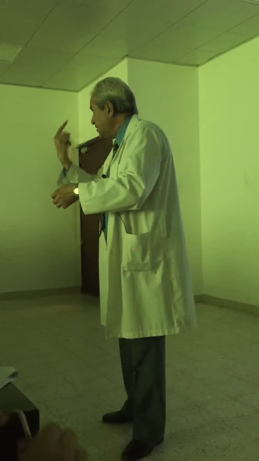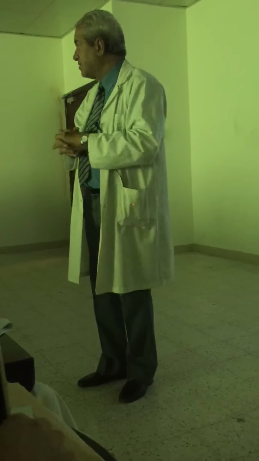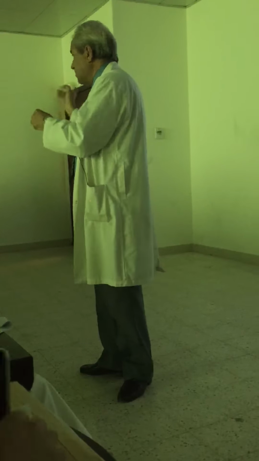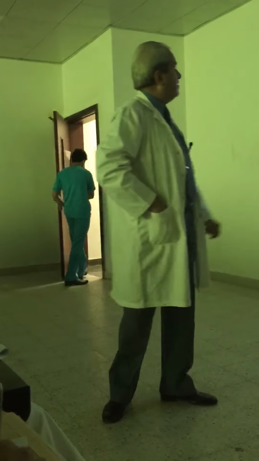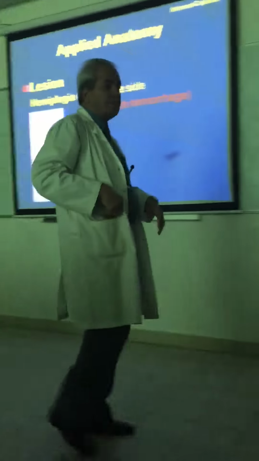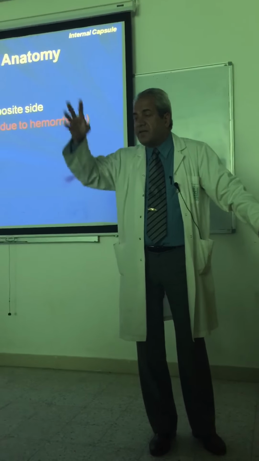Sometimes this artery ruptures, especially in patients who are old, who have a history of hypertension or high blood pressure. This artery breaks and causes bleeding, what is known as intracerebral hemorrhage, or bleeding inside, and it damages the internal capsule.